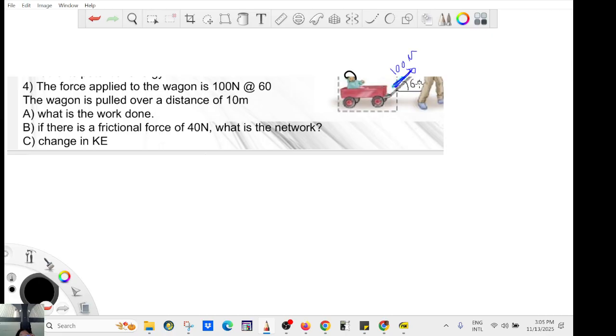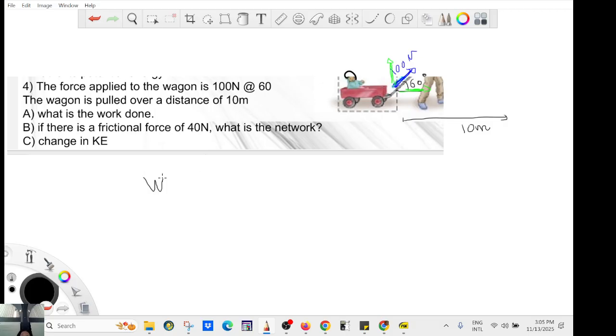This is 60 degrees, right? So it has two components. It has an x component here, and it has a y component. And the distance here is 10 meters.